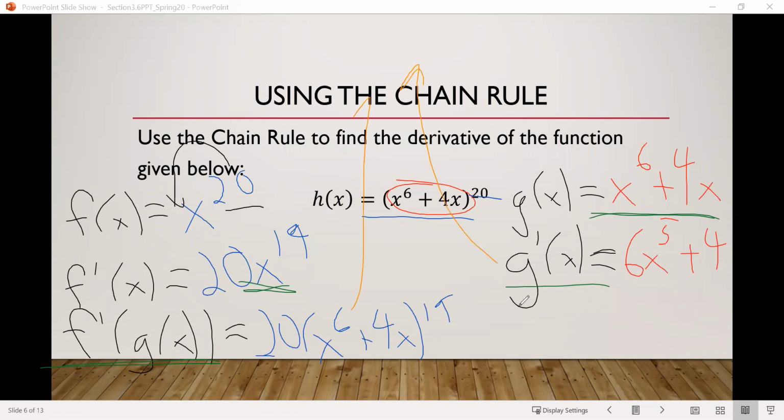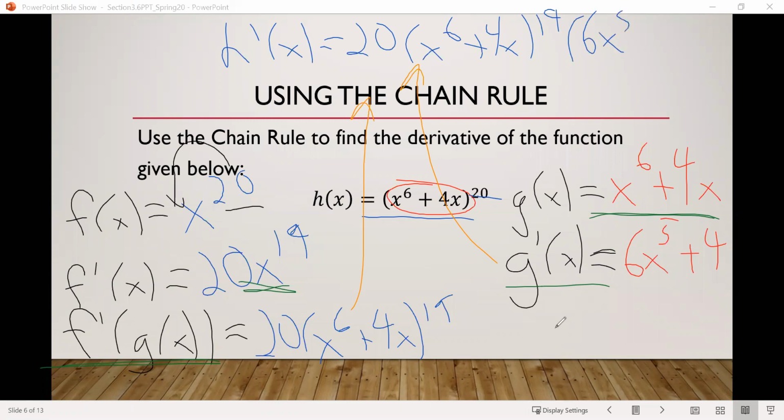So it's going to be up here. So our h prime of x will be 20 times x to the 6th plus 4x raised to the 19th power times the g prime of x, which is 6x to the 5th plus 4.